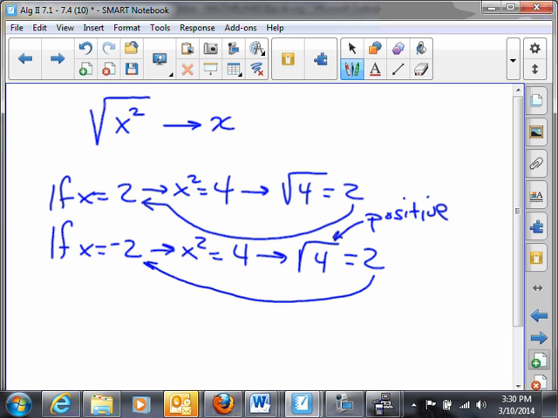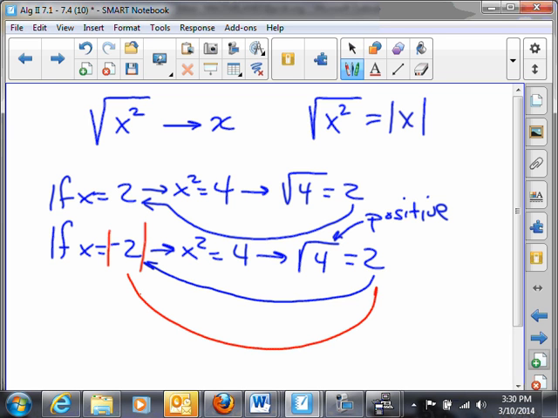So what we have to do in some cases when we're taking a root is put absolute values around it. In other words, the square root of x squared is the absolute value of x. Because if you take the absolute value of -2, you do get 2, which is what we're claiming the square root of x squared is in this particular case.